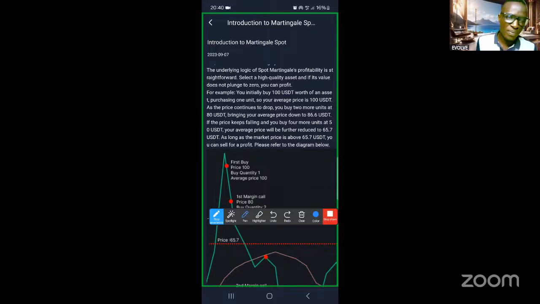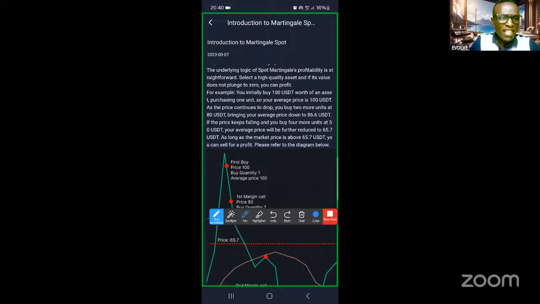In crypto, do you know that right now as we speak, crypto has more than 13 million coins? So there are high quality assets and low quality assets. If you select a low quality asset, Royalq is telling you that there are chances that you will not profit.